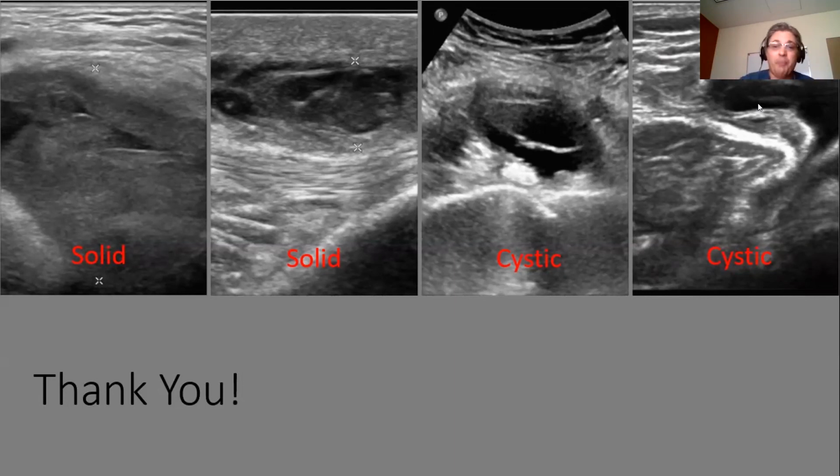Perhaps one helpful differentiating feature may be the configuration of the fluid around the biceps tendon. If it's more linear and more closely parallels the course of the biceps tendon, perhaps that's tenosynovitis, whereas a more bulky mass-like area of inflammation would be more suggestive of bursitis, like the example that I showed you in the patient with rheumatoid arthritis and history of malignancy.